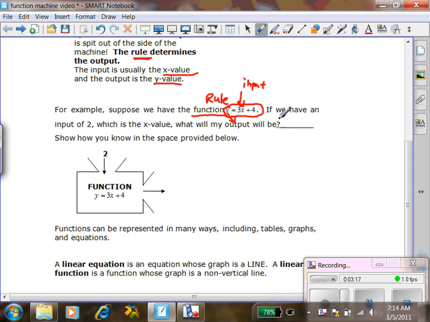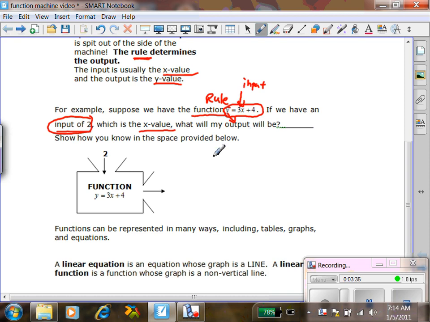So let's say our input is 2, and most of the time you get to choose your input. So you can put in anything you want, whatever your little heart desires. So we're going to put in 2. Input is 2, which is our x value. So what will our output be?